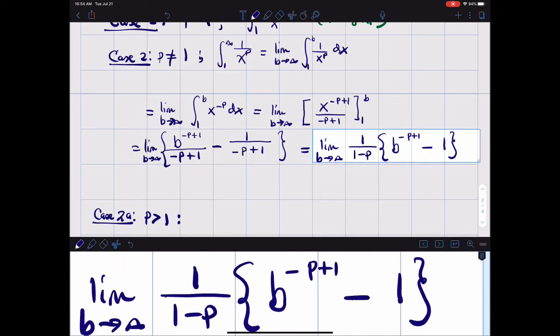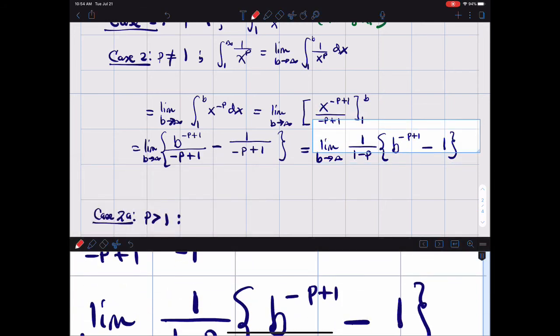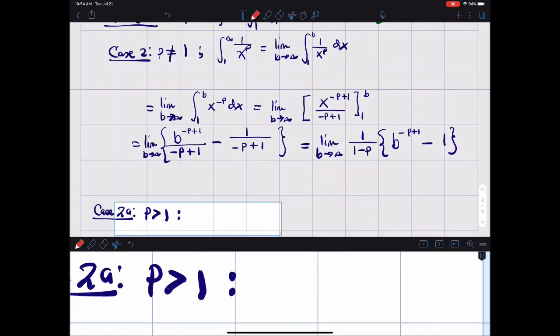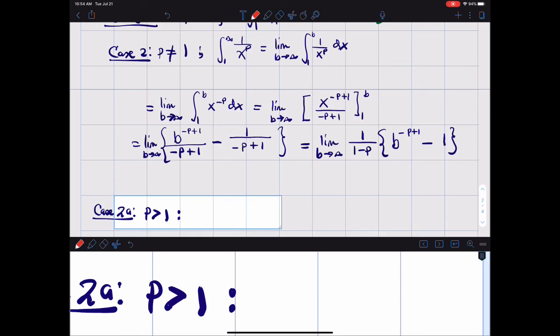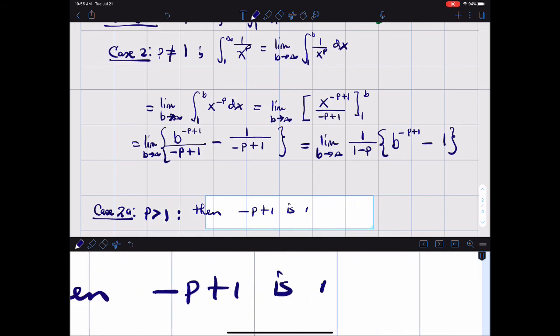So let's focus on this. If p is greater than 1, then negative p plus 1 is a negative number.